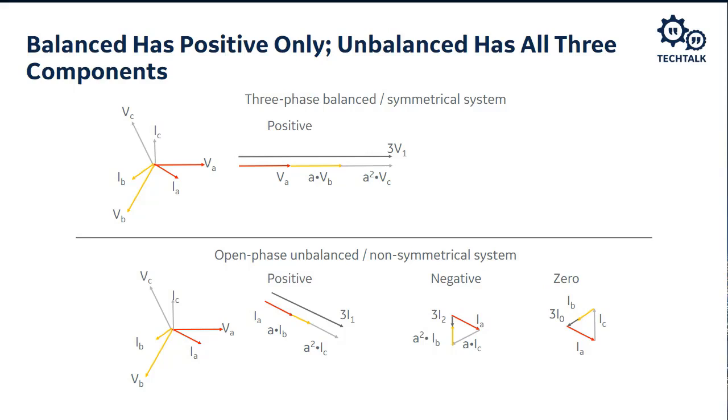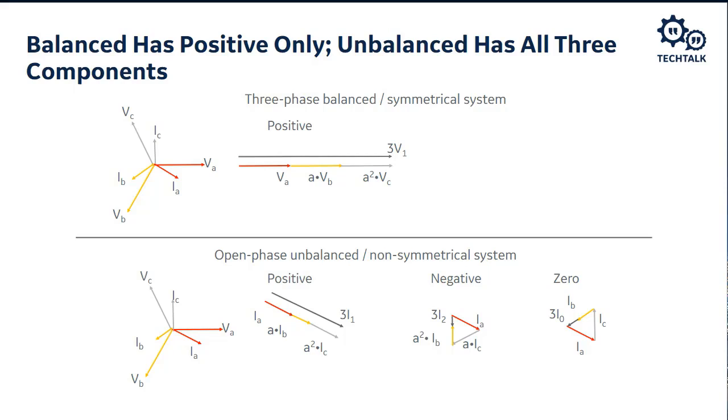And then the difference between the end of IB and where IA started is the 0 sequence quantity. And so actually it's 3I0, which is 3 times the 0 sequence current. And so that's how we calculate those negative and 0 sequence quantities.